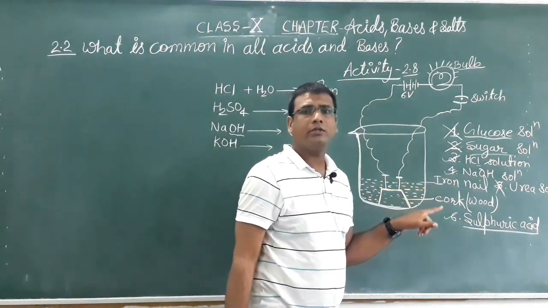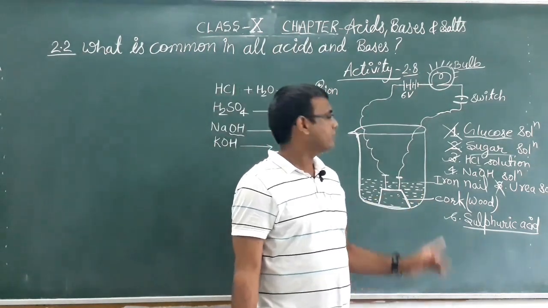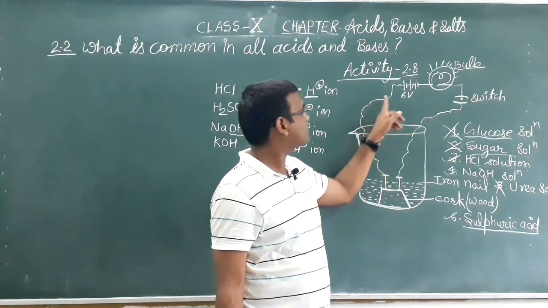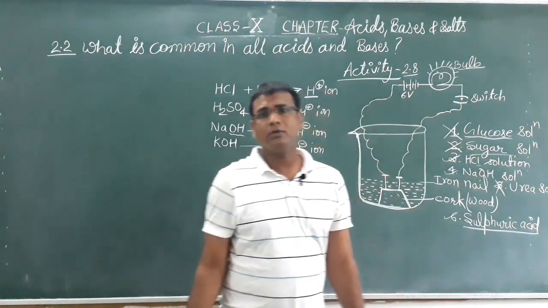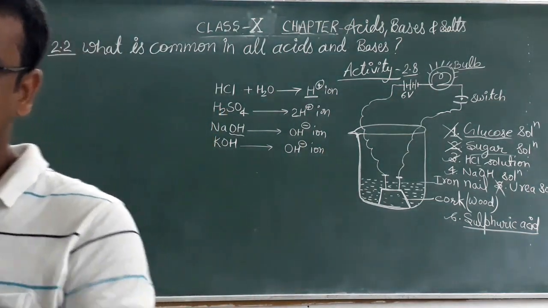These ions are responsible for electricity, which ultimately flows in the wires and then makes the bulb glow. So this is the reason that all acids and bases glow the bulb.